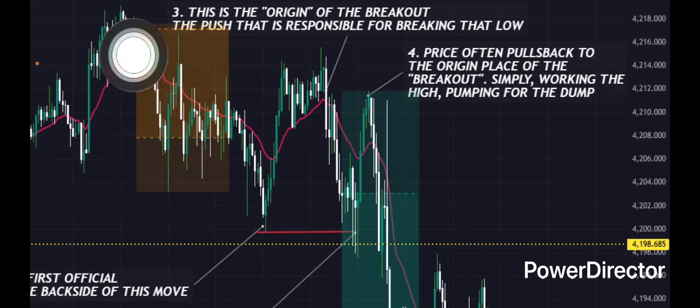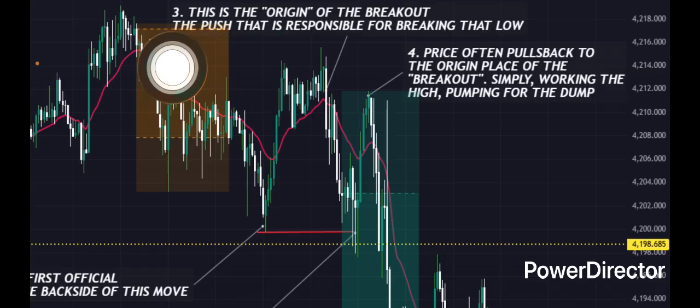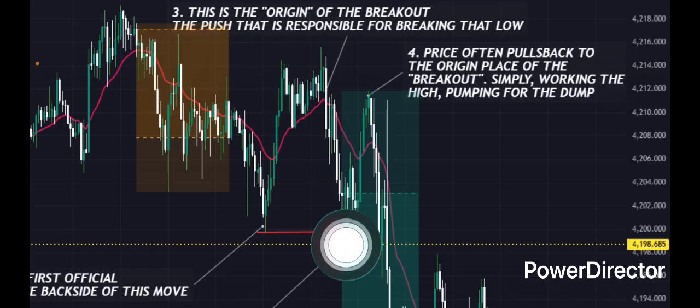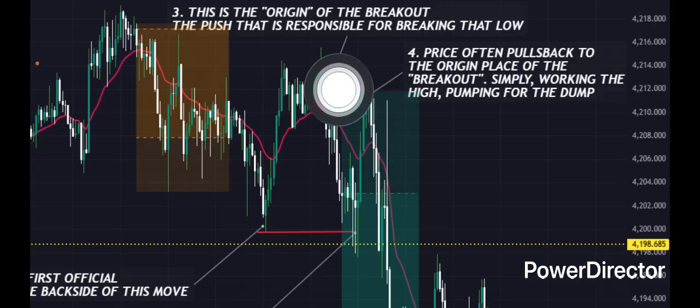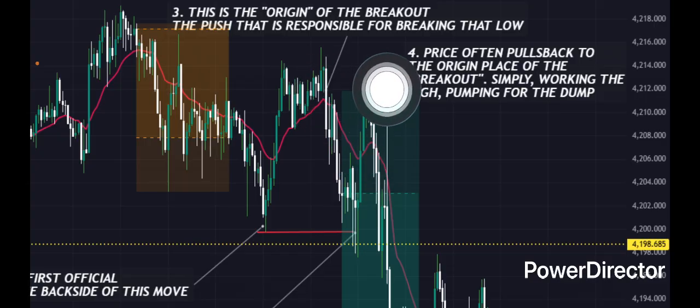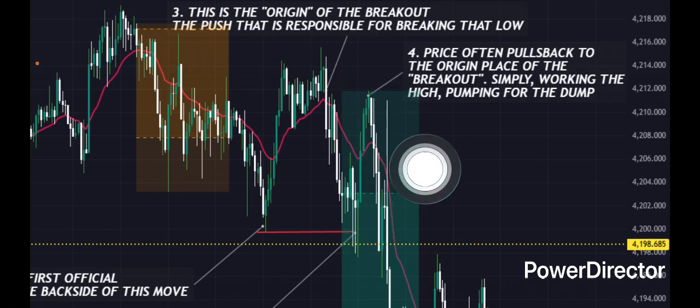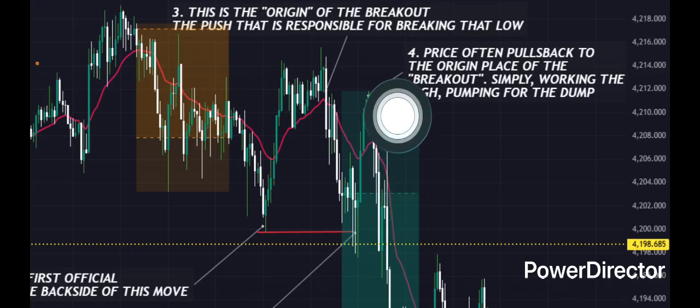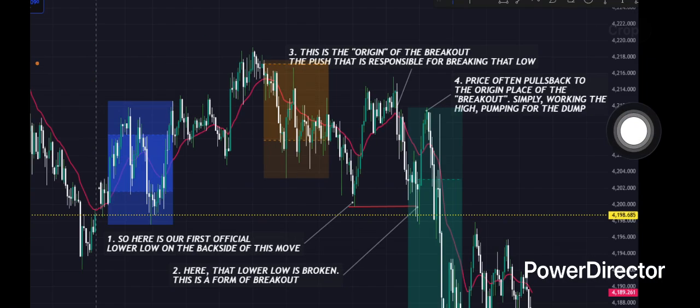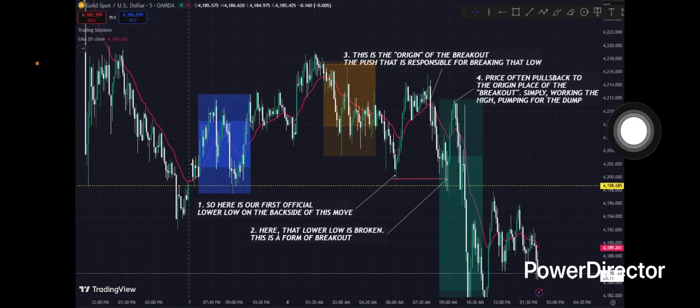This is the push that's responsible for that. And you can see we pull back into those levels and then dump. We break this low to the left, the market pulls back to where that move originated, okay? And then we start to dump. We get our M pattern in here, okay? And we can secure our entry, all right?